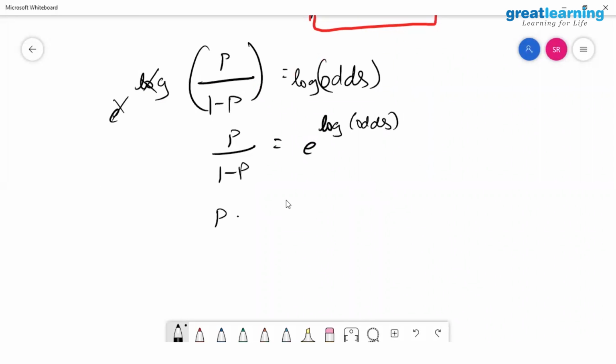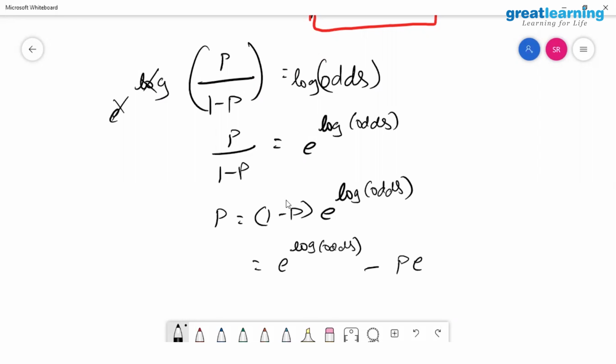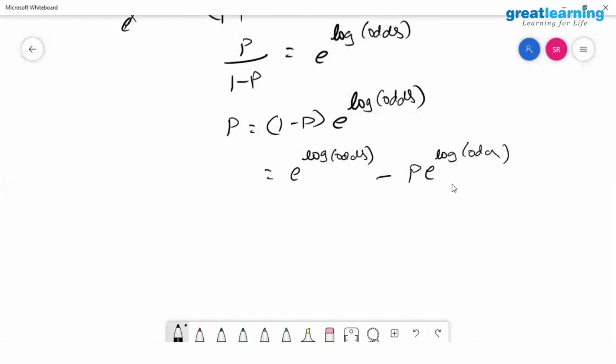Therefore, probability is equal to 1 minus probability into e power log odds, which is e power log odds minus P into e power log odds. If I take that to the other side, P plus P e power log odds.